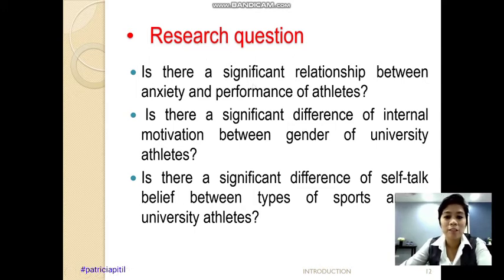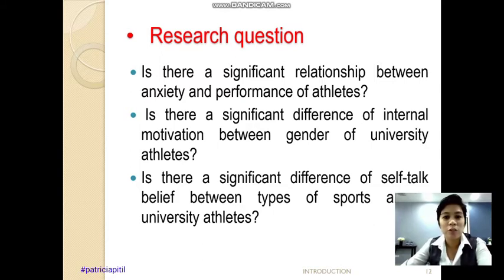Same goes to the second research question. Sample again. Comparing between internal motivation and gender. We want to compare whether male is higher in internal motivation or female. Okay, comparing between gender. The third one will be comparing the preferences of self-taught belief between types of sports.